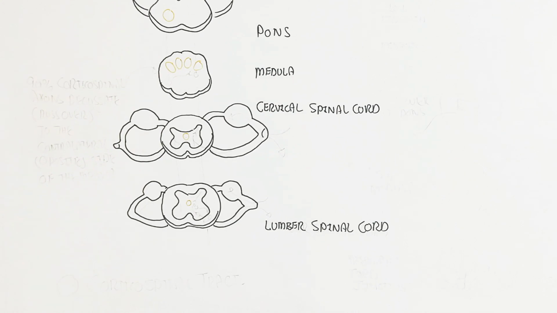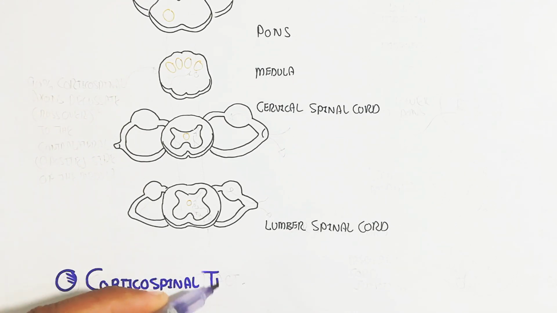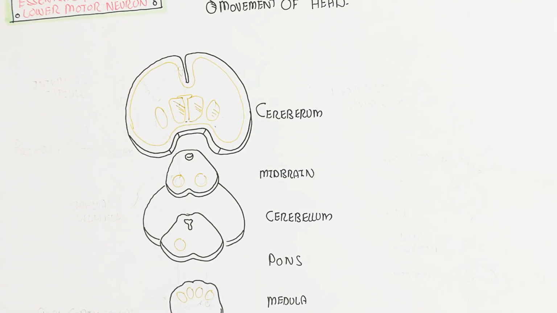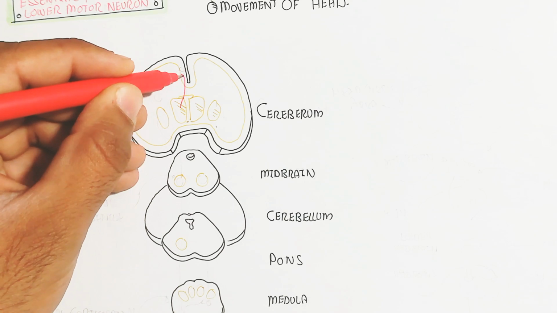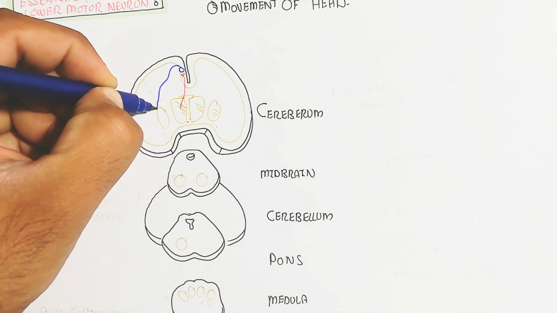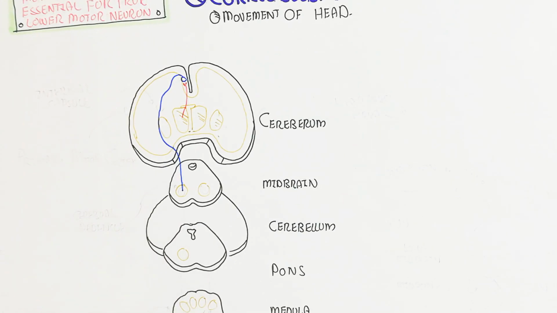Let's understand what happens after the sensation. The sensory neuron, the ascending neuron, will travel from the receptor to the gray matter of the cerebrum. This gray matter is the primary motor cortex.